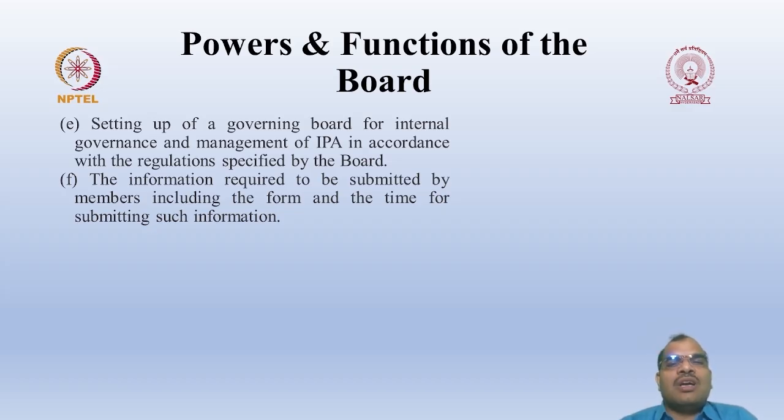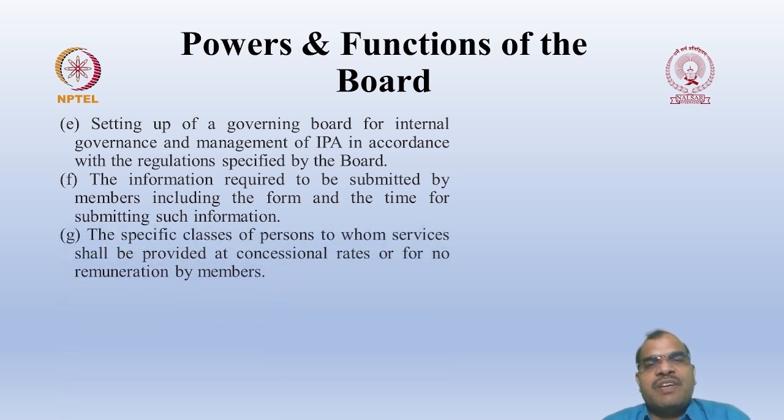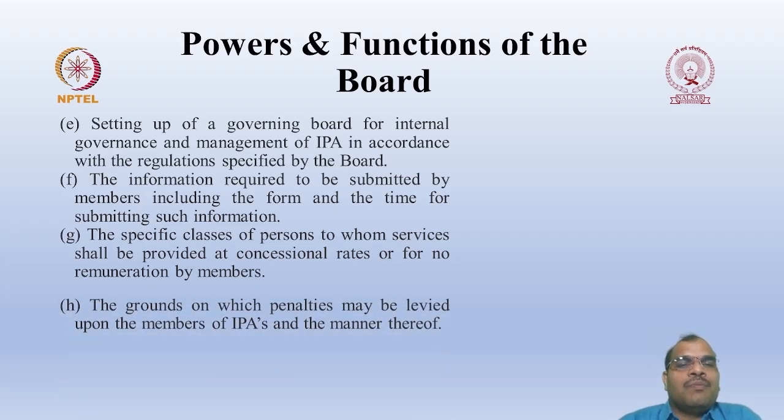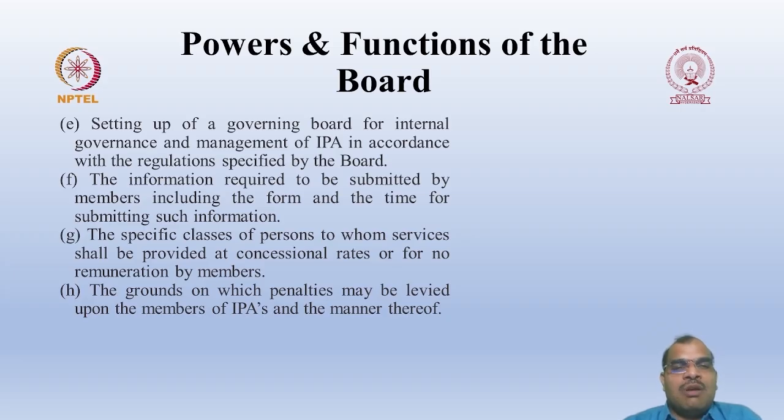Then the information required to be submitted by the members, including the form and the time for submitting such information. Then the specific class of persons to whom services shall be provided, you have to specifically state to whom we have to provide the services. Sometimes you are supposed to provide at a concessional rate. Then the grounds on which penalties may be levied.